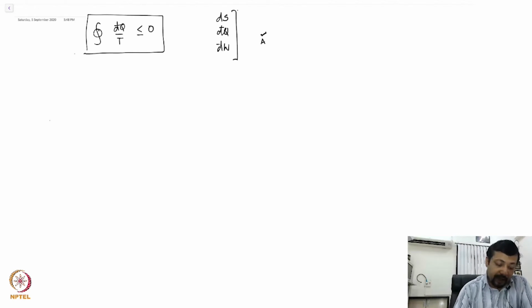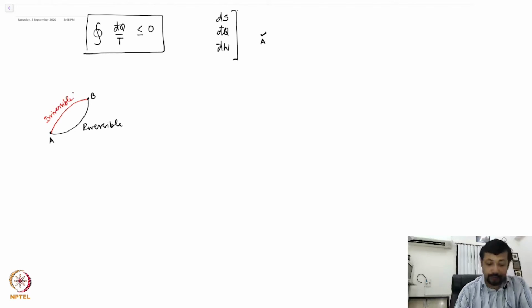Right? Now imagine that you take a thermodynamic system from the state A to a state B, and you do it via a reversible process. You bring it back from B to A via an irreversible process.